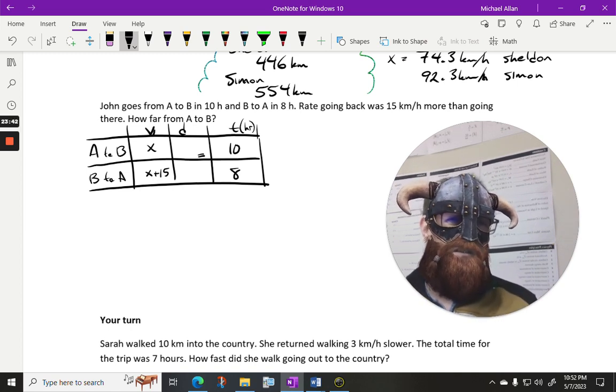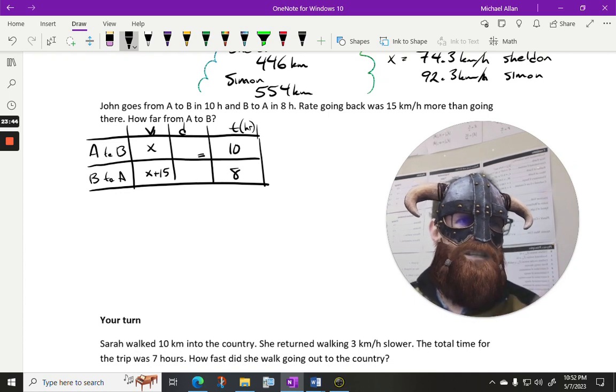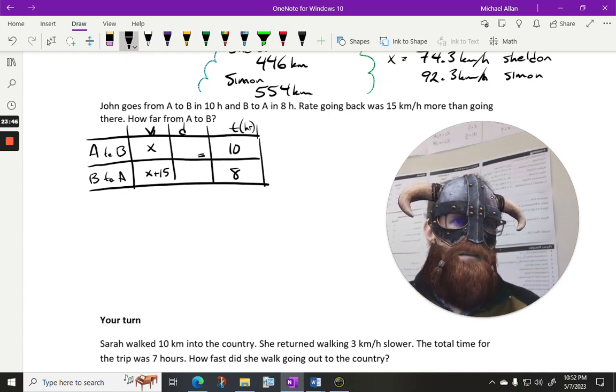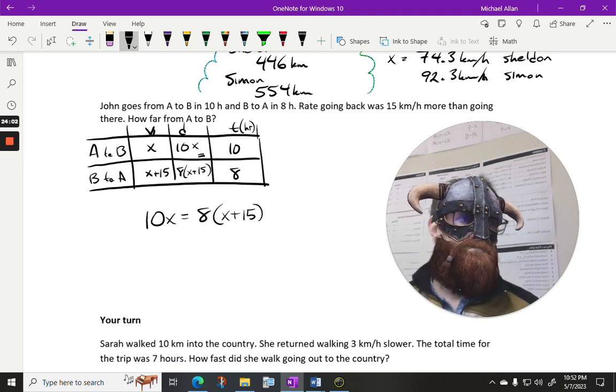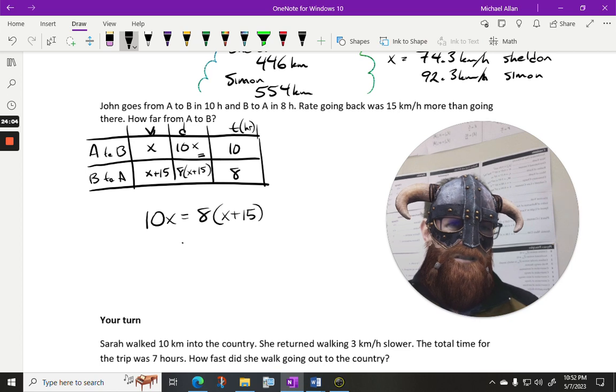They're just equal to each other. Remember D is just V times T. So this would be 10x, and this would be 8 times x plus 15. I just know that they're going to be equal to each other. So I'm just going to say 10x is equal to 8 times x plus 15. Okay, this is actually a pretty easy question to solve. Let's see.